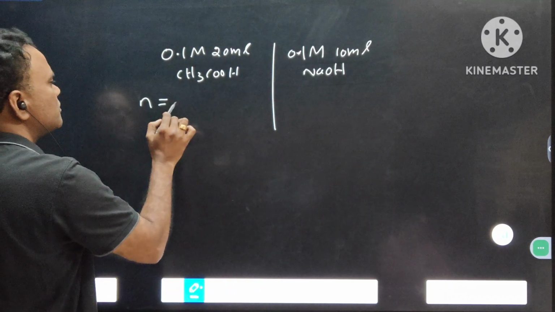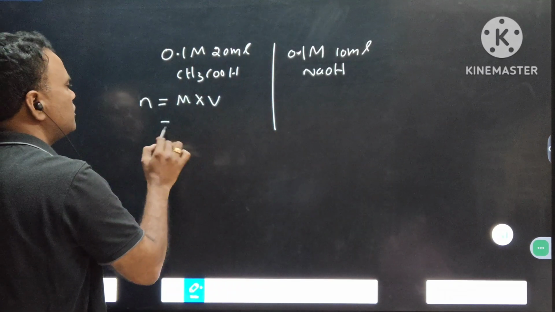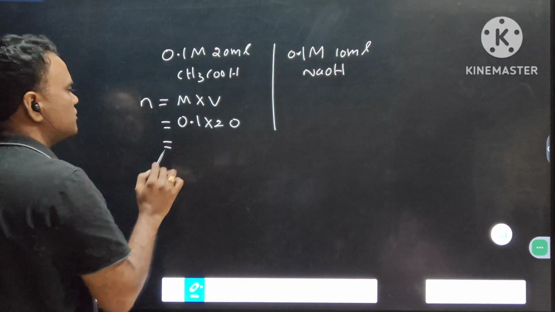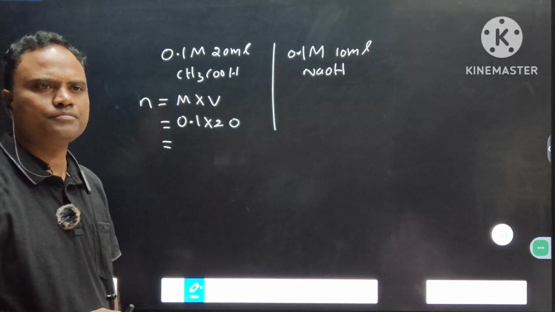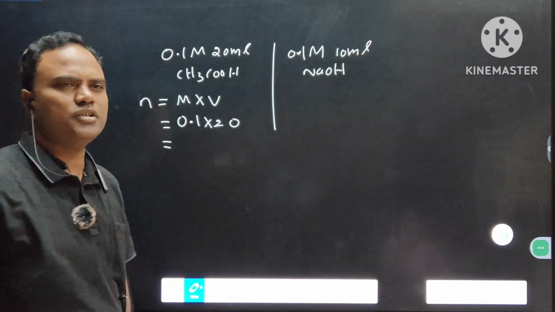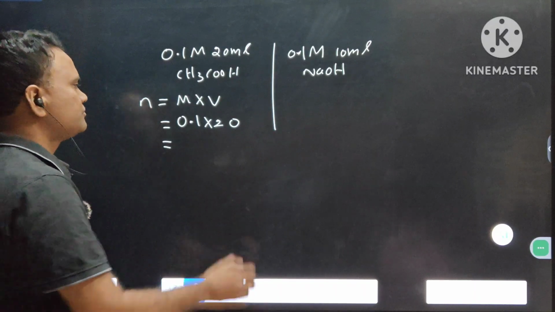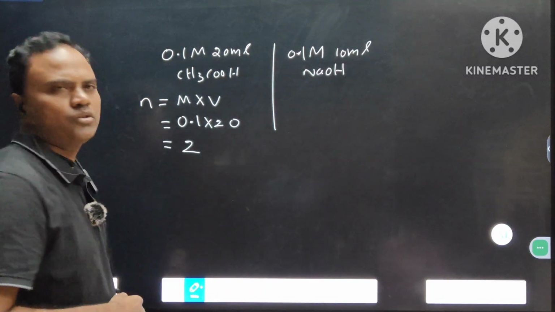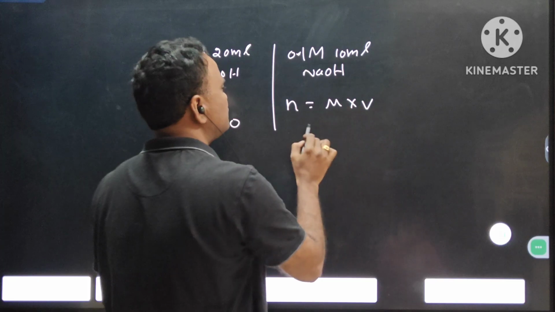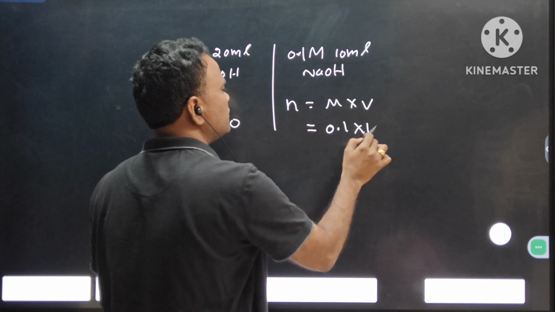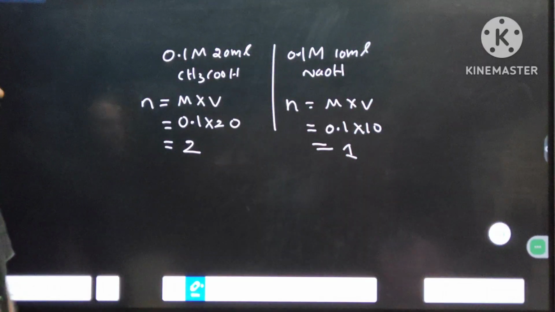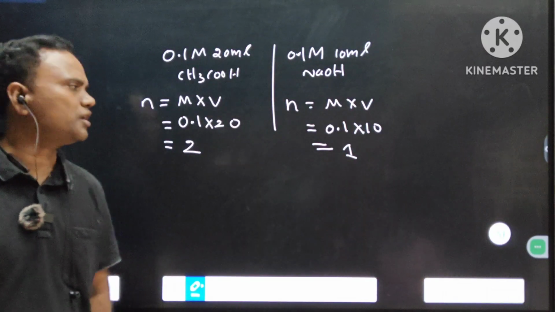What is the formula of moles? Number of moles is equal to molarity into volume. For acetic acid, molarity 0.1 into volume 20, that is 2 moles. For NaOH, molarity into volume, 0.1 into 10, that is equal to 1. Now moles of acetic acid is 2, moles of sodium hydroxide is 1.